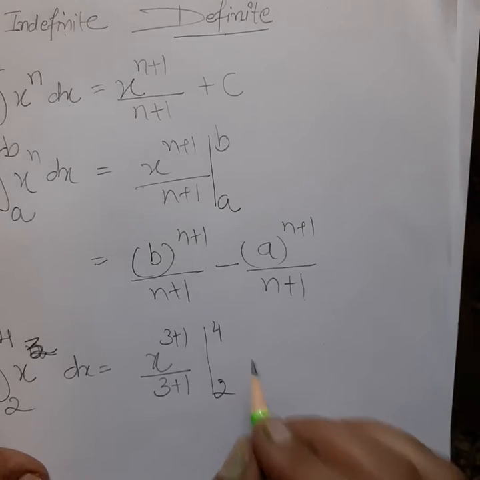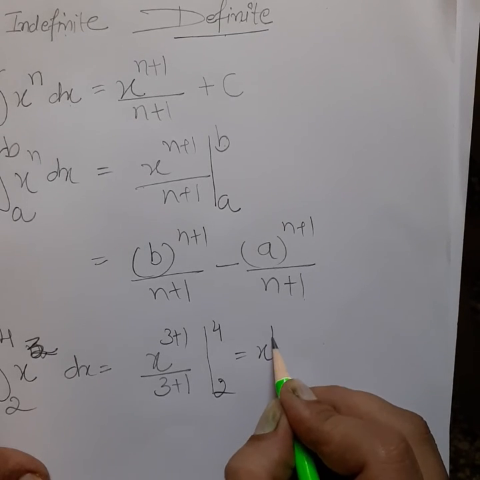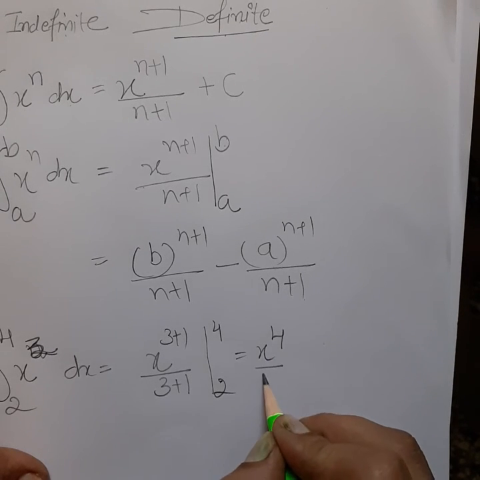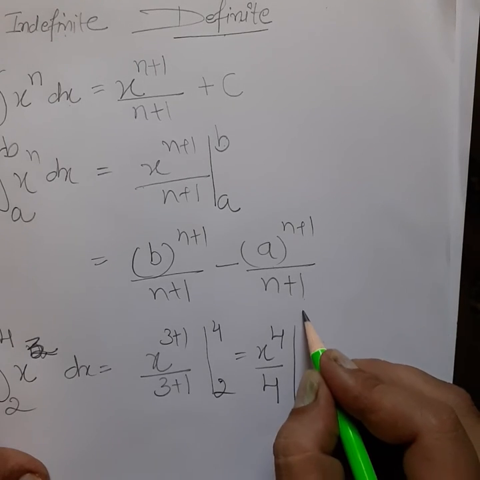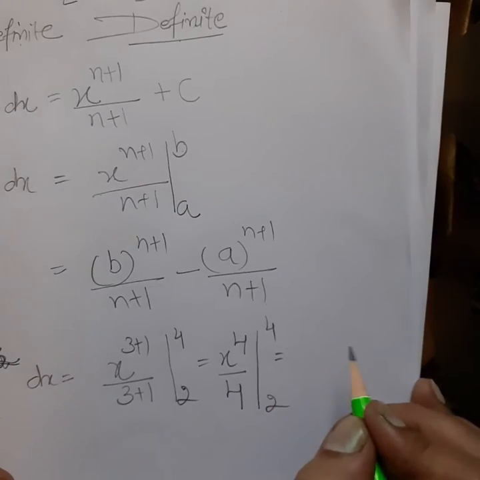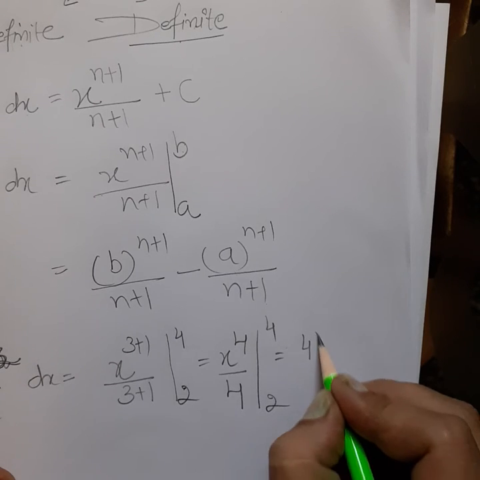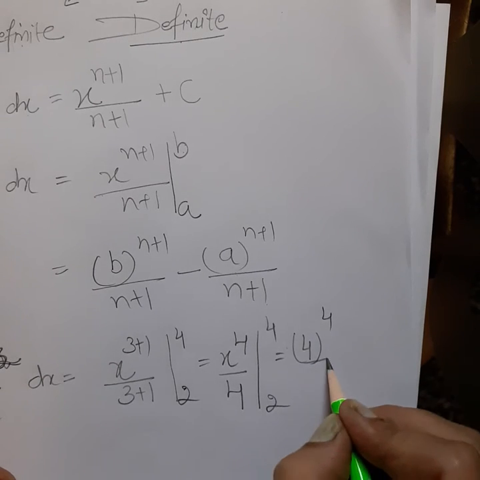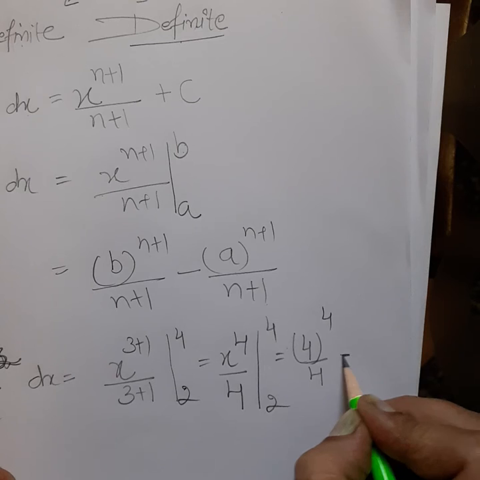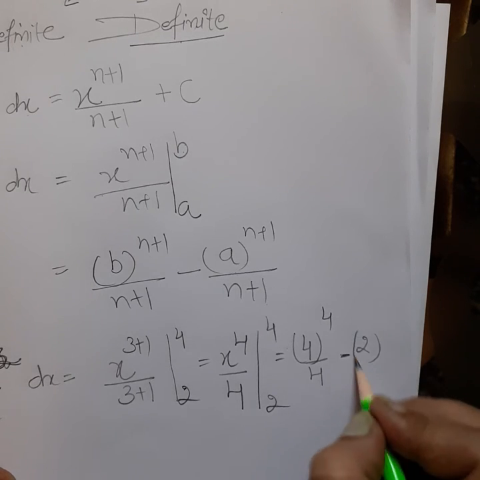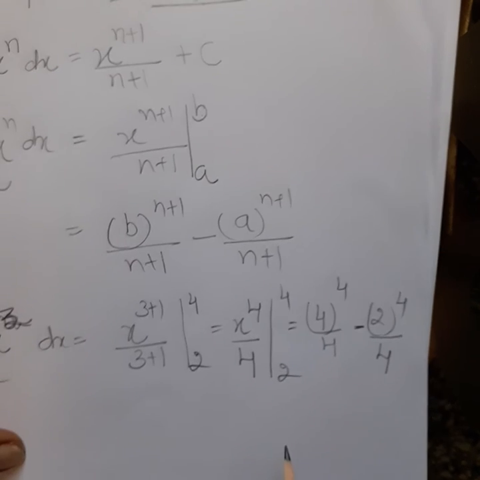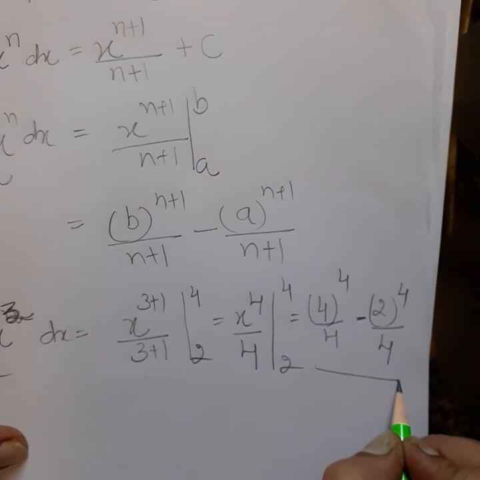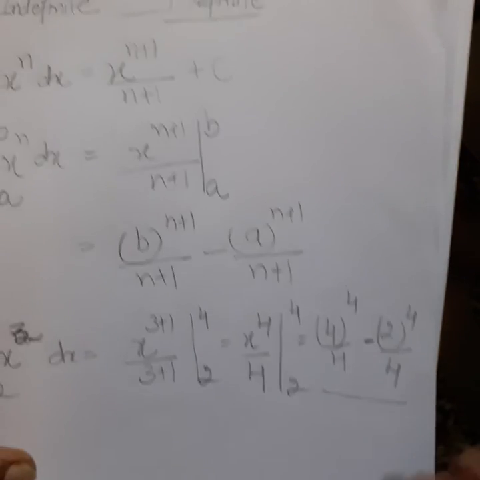Now we can solve it as x to the power 4 upon 4, and after that we put the limits. First of all, we put the upper limit in the place of x, and after that we put the lower limit in the place of x, and we can solve it. After that we get the answer.